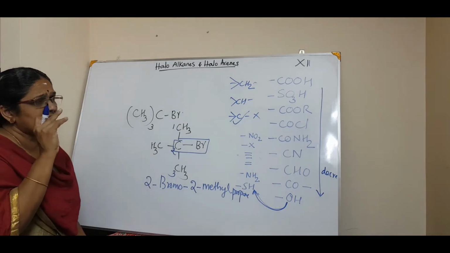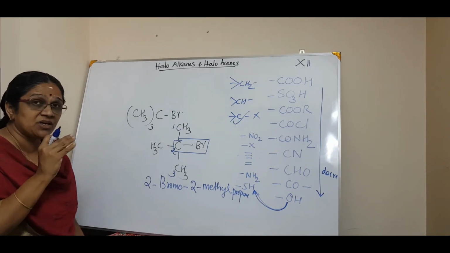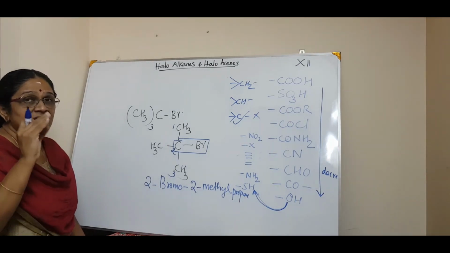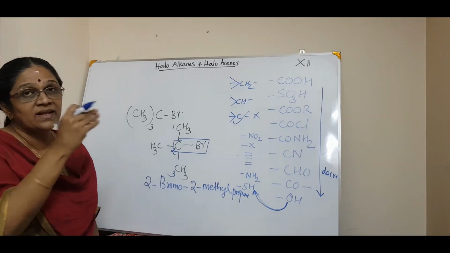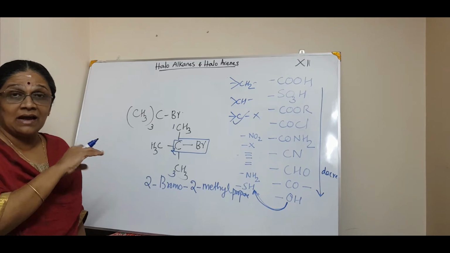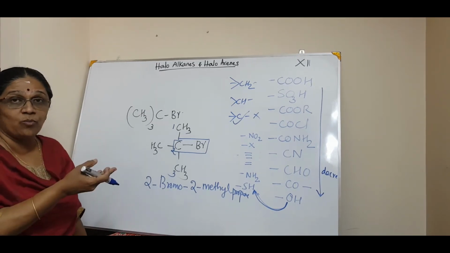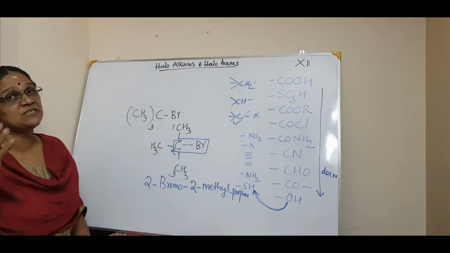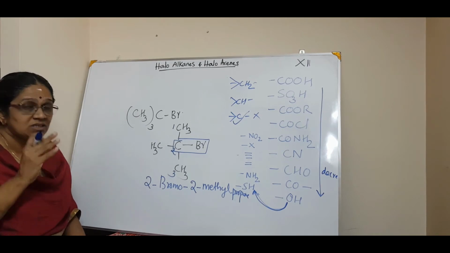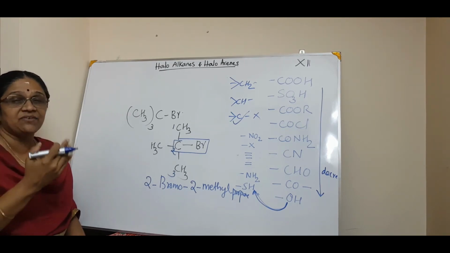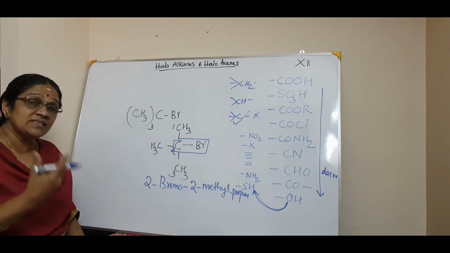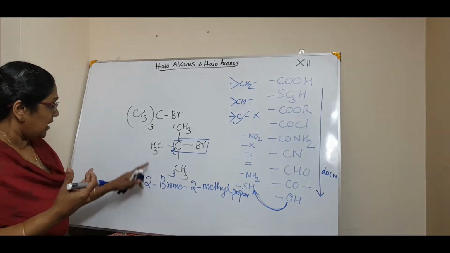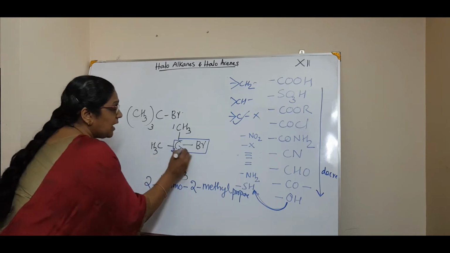So just keep in mind, whenever we say tertiary, secondary or primary, tertiary is C where all three valencies are alkyl or aryl groups, whatever it be, and then the X must be the halogen. So just recollect that: primary, secondary, tertiary, allyl, benzyl, allylic, benzylic, etc. Now, this is a tertiary carbon atom.